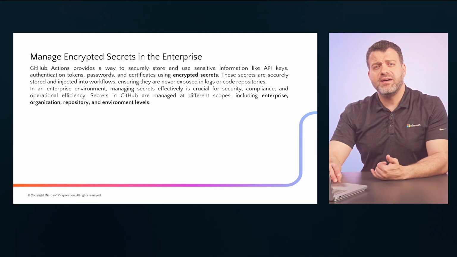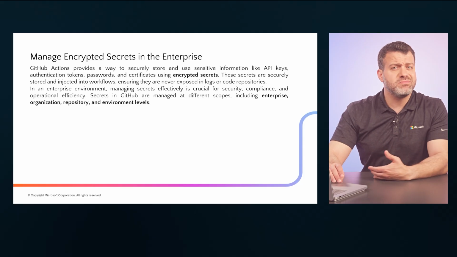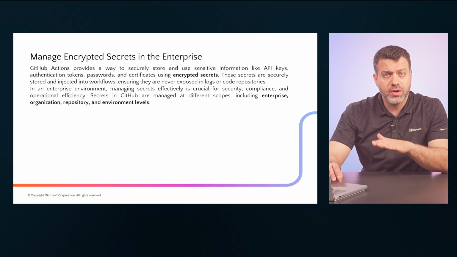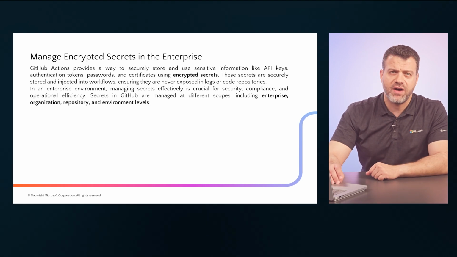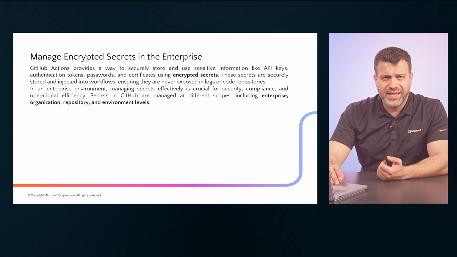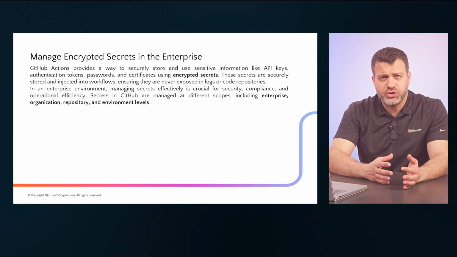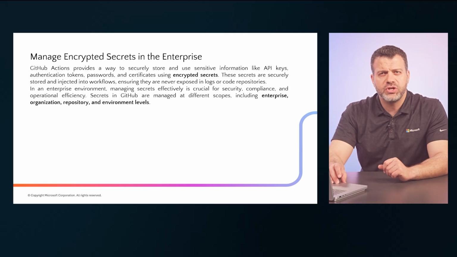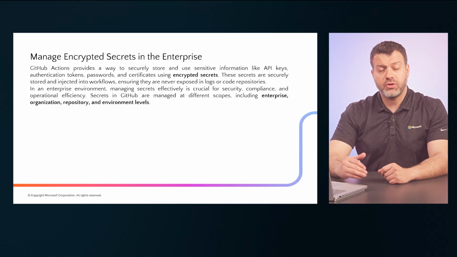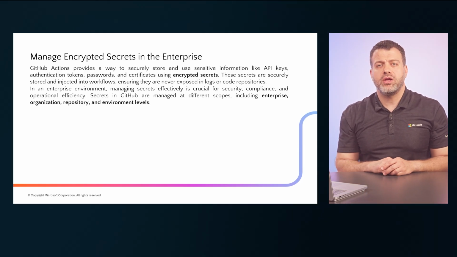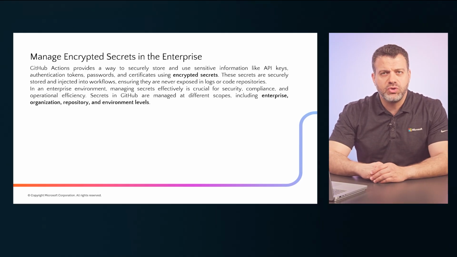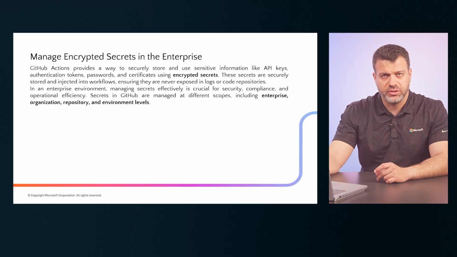At the enterprise level, secrets can be managed across multiple scopes: enterprise, organization, repository, and environment level. The goal is to centralize secret management, reduce duplication, and control exactly where secrets can be used. Secrets are the foundation of securing your automation. Managing them centrally and giving access to them carefully is essential.